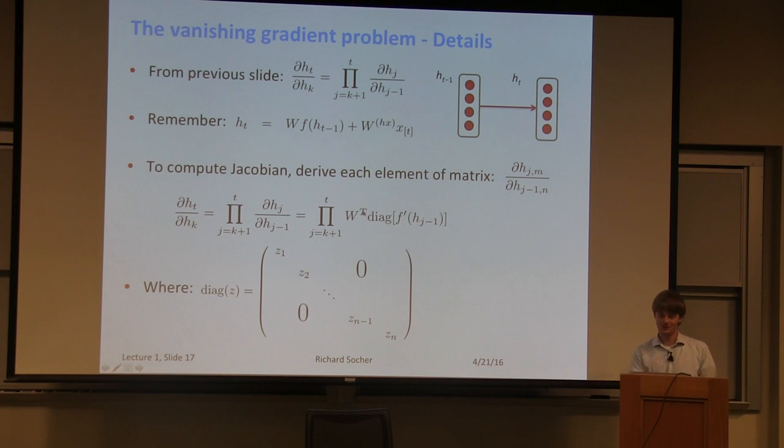Does anybody have an idea which superscript we're missing? So we're multiplying by f prime of the previous hidden state. Okay, well, in our previous definition, we had W^{hh} and W^{hx}, but here we cleverly dropped that superscript.